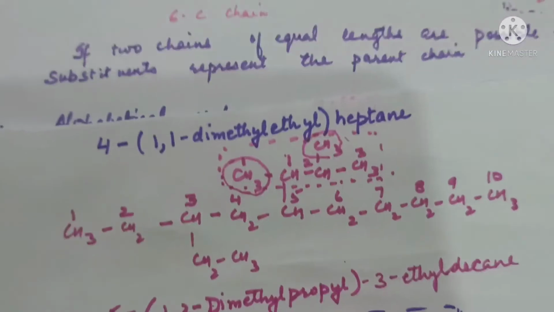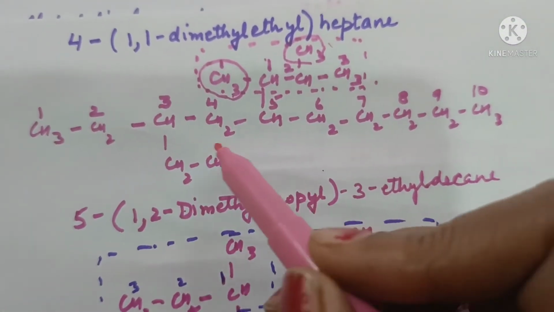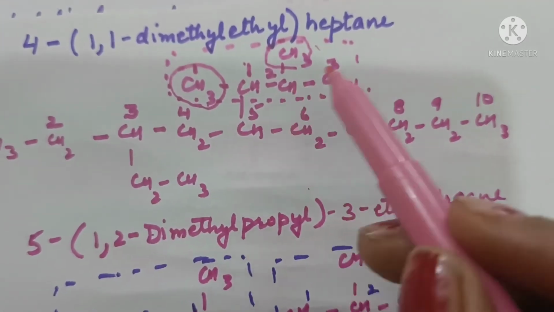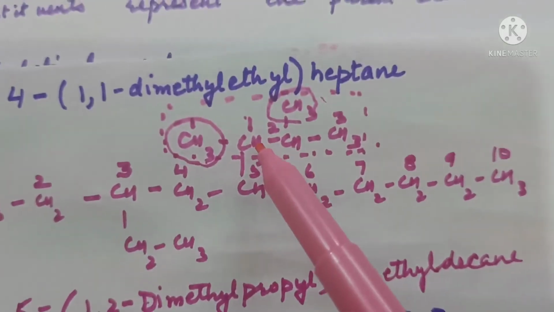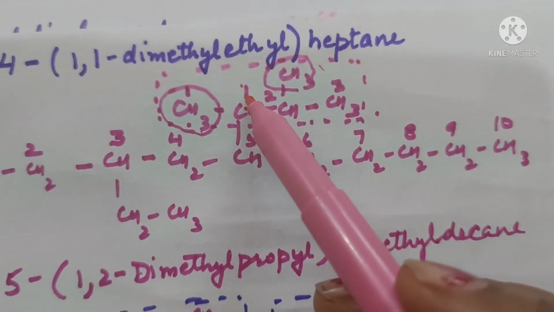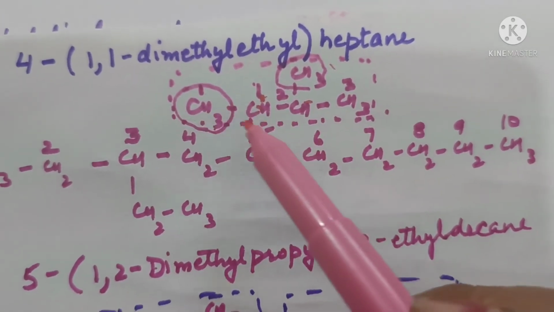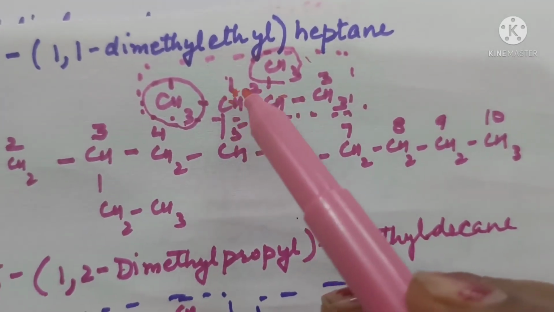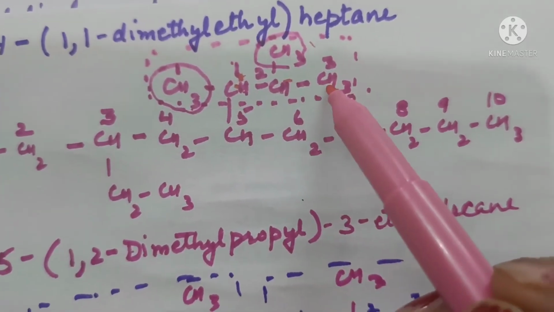Let's take another example. In this case, we have an ethyl substituent. Then we have this complex substituent in which this is the carbon atom 1, this is 2, 3. So we have methyl at 1 position and 2 position. So the name will be 1,2-dimethyl propyl.